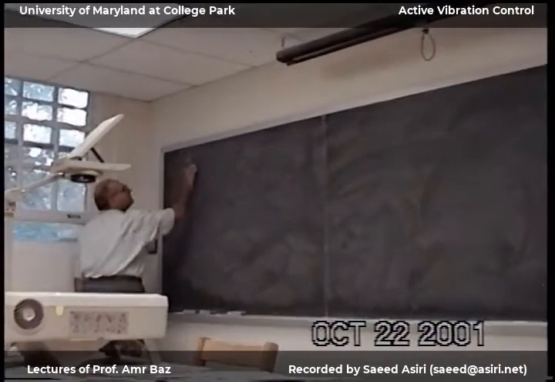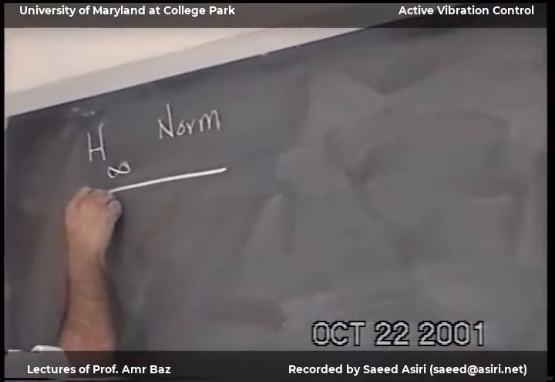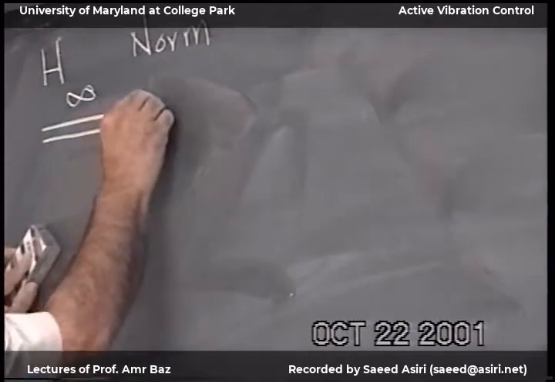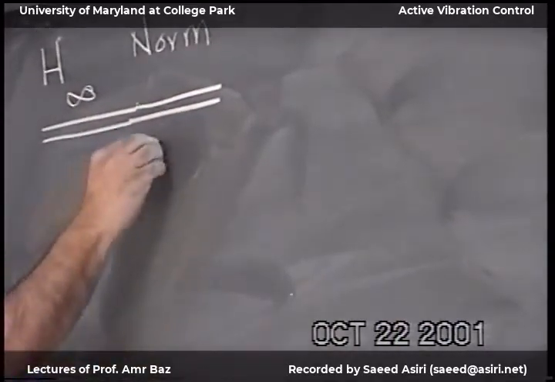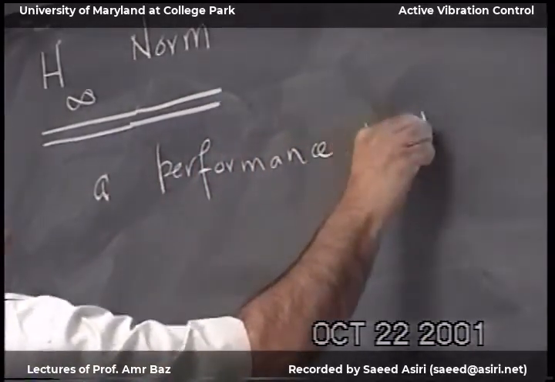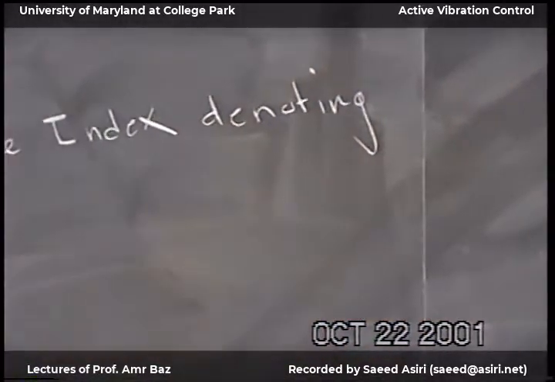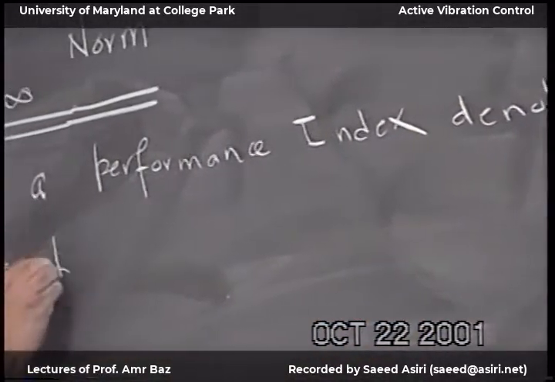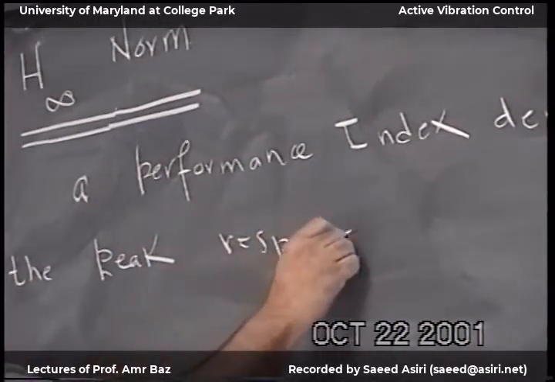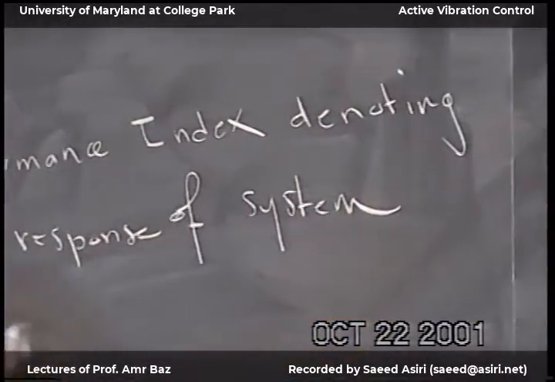Now the H infinity. And this is again a performance index, denoting the peak response of the system.